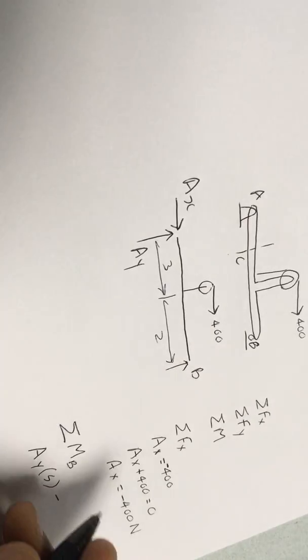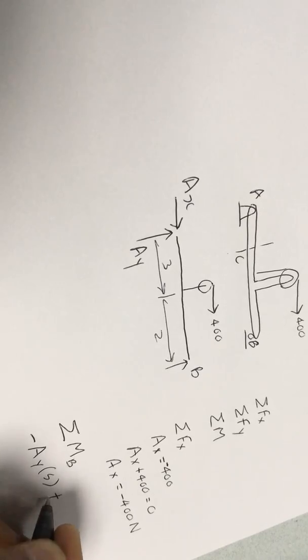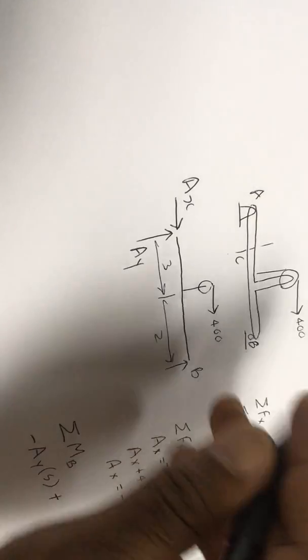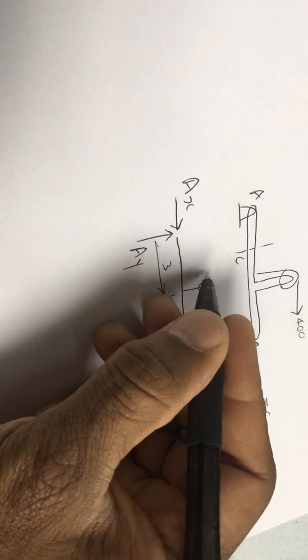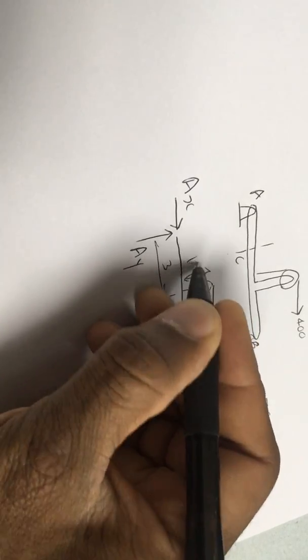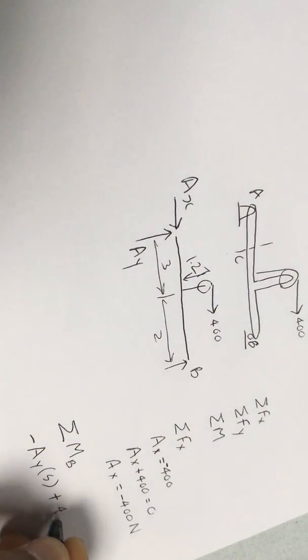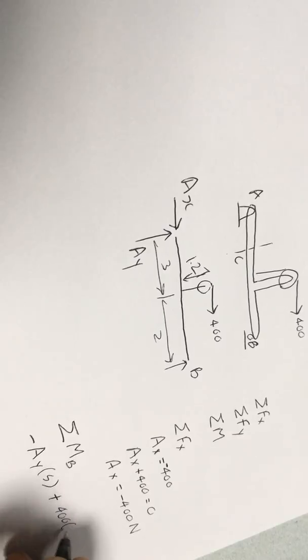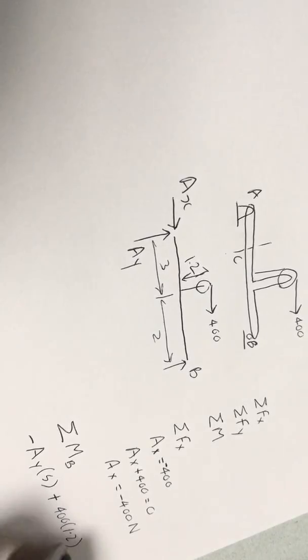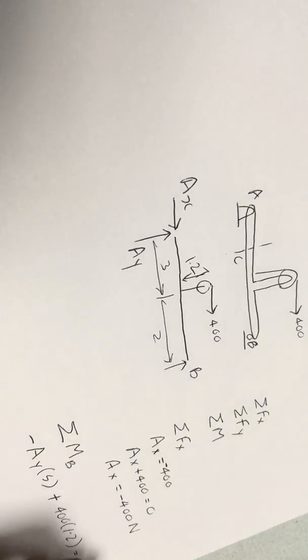Actually, this would be negative, and we'll say that's positive. So we would say that 400 times this height here, 1.2, 400 multiplied by 1.2, would be equal to 0.